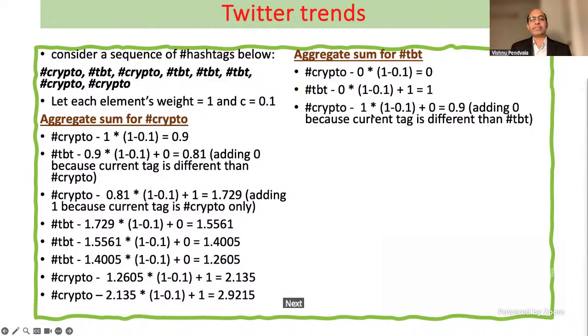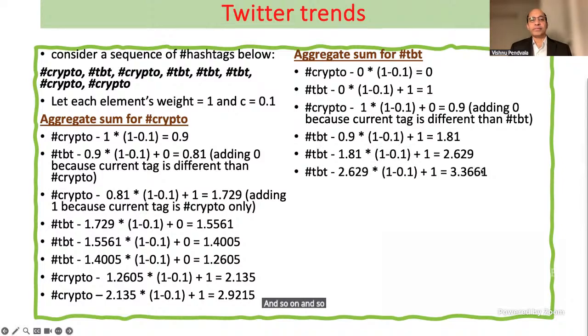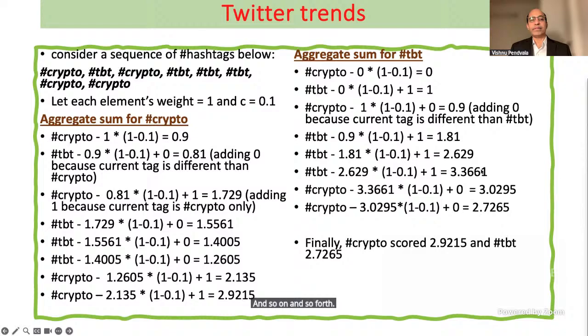Next is crypto. Deprecate the weight, but add a 0, because the hashtag is not TBT, and so on and so forth. Eventually we get a score of 2.72 for hash TBT and 2.92 for hash crypto. So hash crypto wins, right?